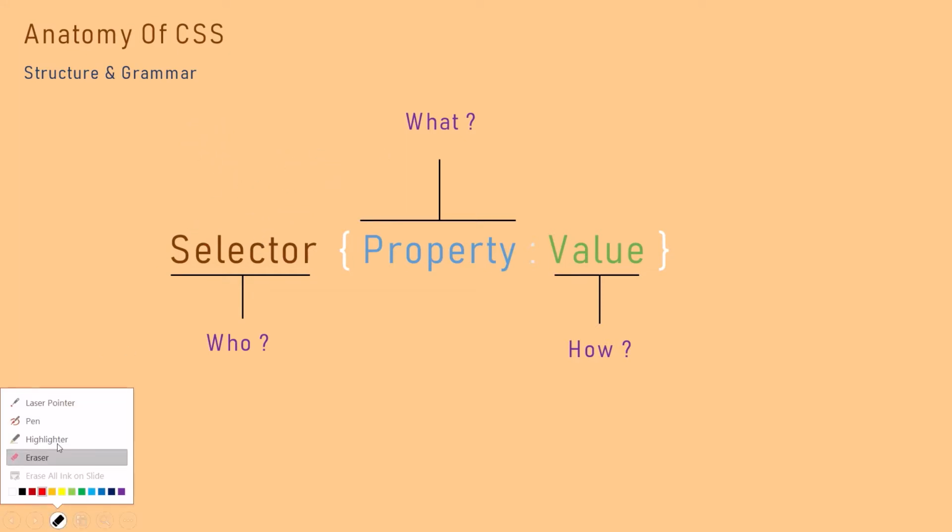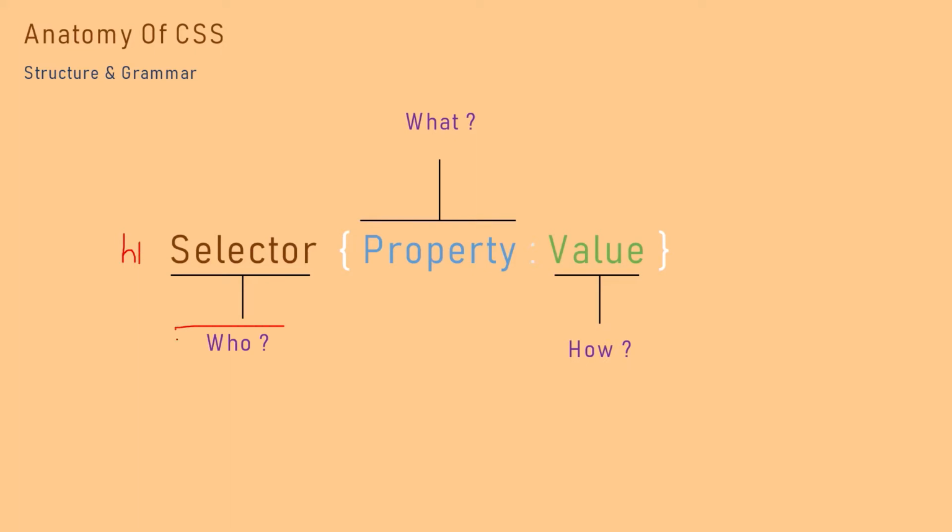Now what I'm trying to say is the h1 that we wrote is called the selector. That is also called 'who'. In the code we have many tags like h1, br, which means breaking of line, hr, h2 until h6, and we also have the paragraph tag.